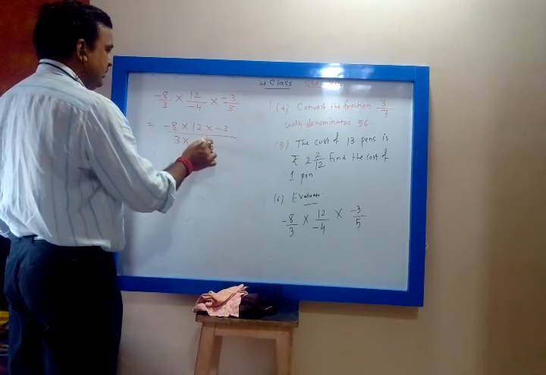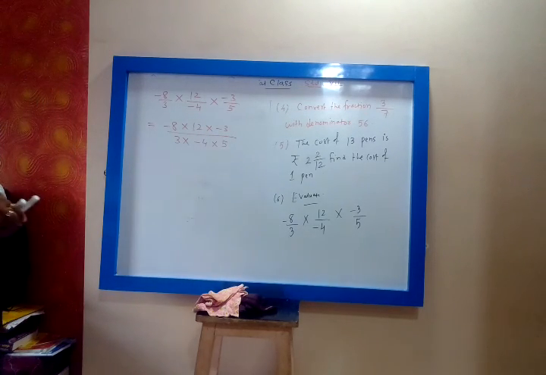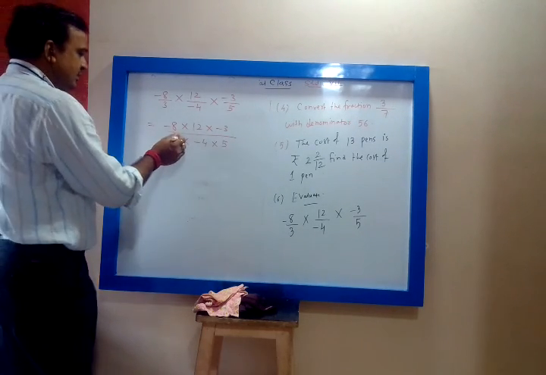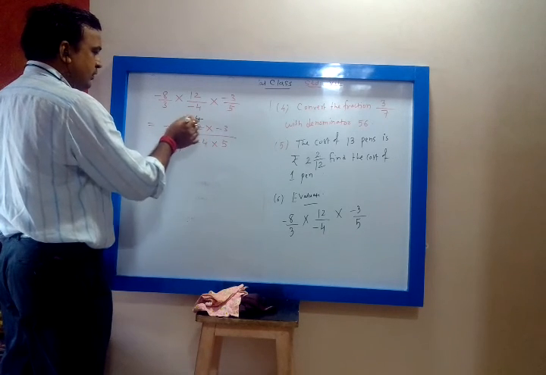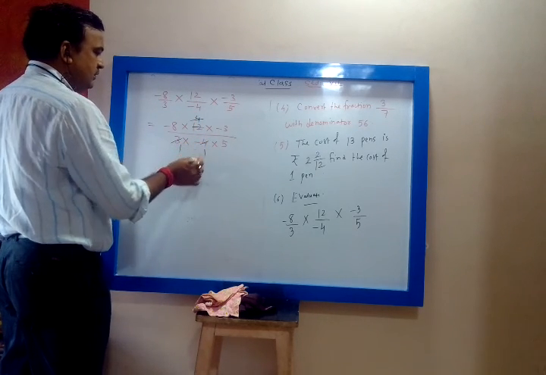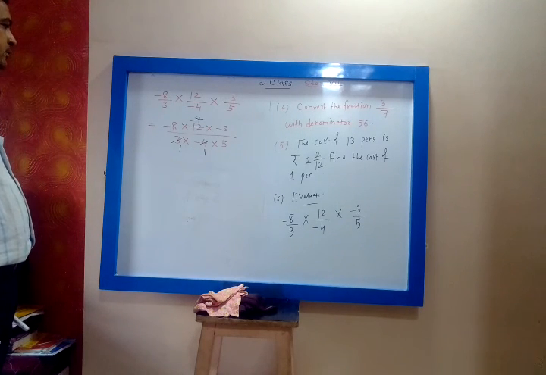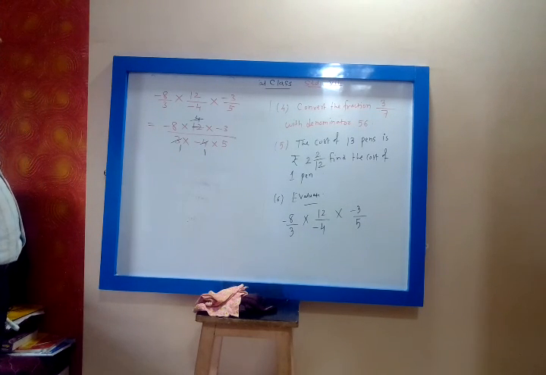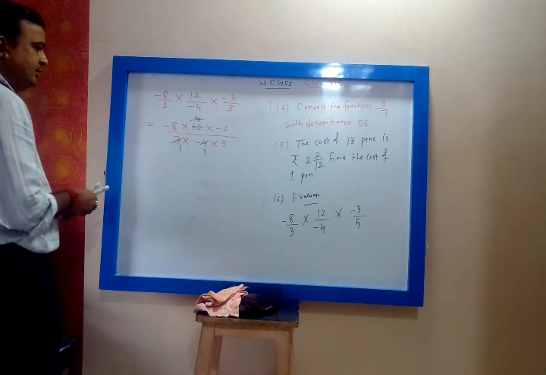minus 4 into 5. Now you cancel the terms of numerator with denominator. So 3 ones are 3, 3 fours are 12. Then 4 gets cancelled, 4 ones are 4. Okay. So what is left?